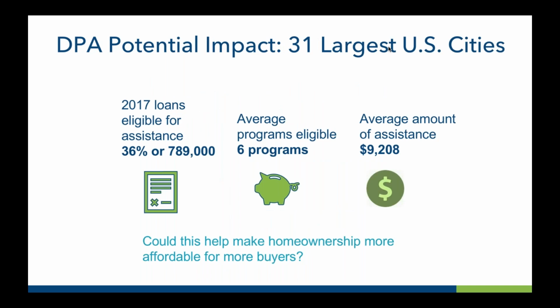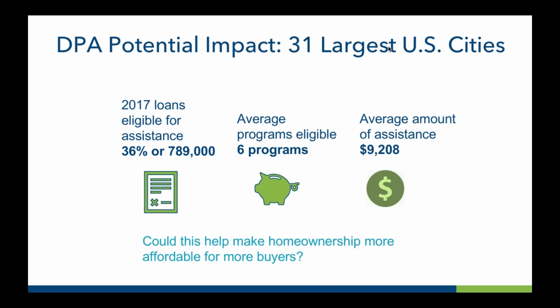And if we break that down a little bit, or take another approach, looking at 2017 HMDA closed loan data, we found that when we ran those loan apps through our system across all those 31 largest metros in the US, 36%, or more than a third, of all the people that closed on a mortgage, closed on a home and got a mortgage in 2017 were eligible for not just one, but an average of 6 down payment assistance programs in their market at that time when they closed, for an average of over $9,000 in down payment assistance.